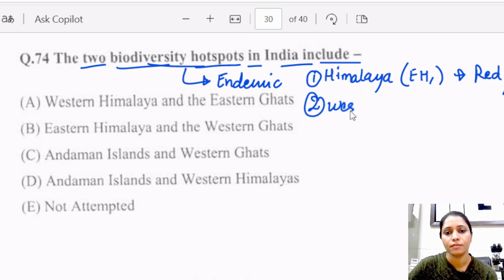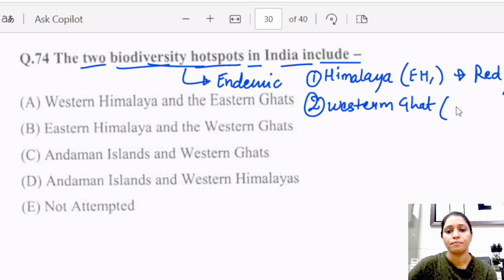Second is Western Ghats, which is also an important biodiversity hotspot. It includes the western coastal region like Kerala, Karnataka, Maharashtra, Goa, and Tamil Nadu.